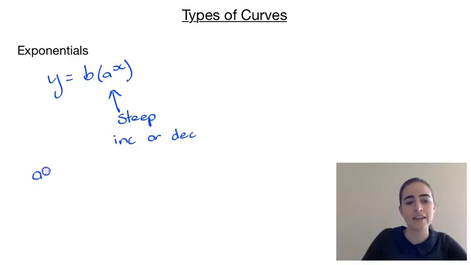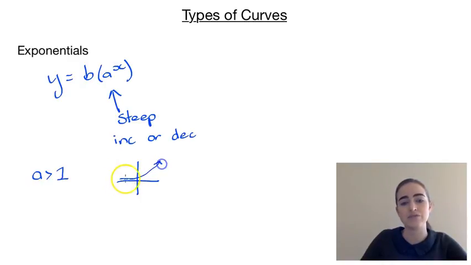If a is greater than 1, our exponential curve is increasing. So we'll start near that x-axis and it'll increase as you move to the right. If a is less than 1, but still greater than 0, then our curve is going to be decreasing, coming down as we move to the right.